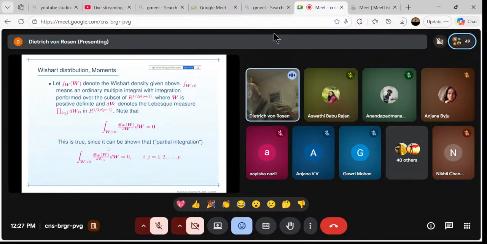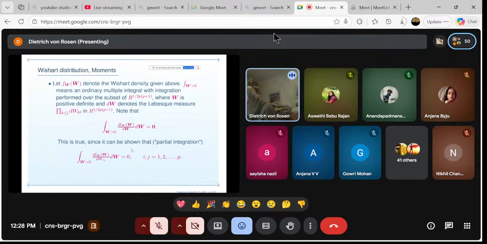Now, in order to derive the result, I will use the Wishart density as a moment generating function. So here we have the Wishart density, and we know that if you differentiate a function and integrate, then you come to the border of where the function is defined, and the border for the Wishart is 0, or when the determinant is 0 and everything is 0.